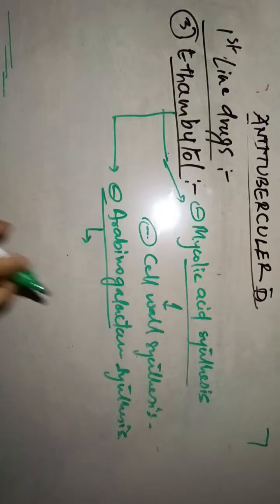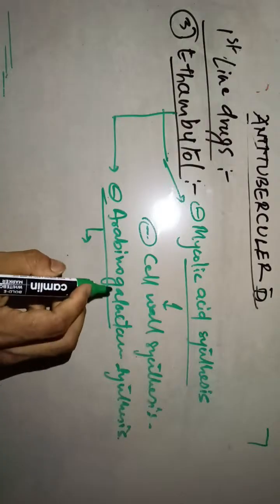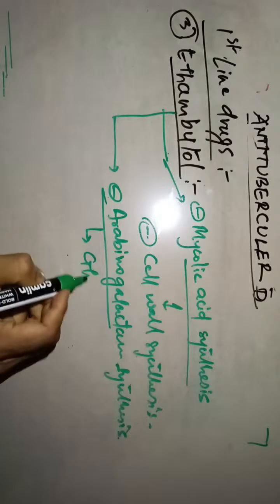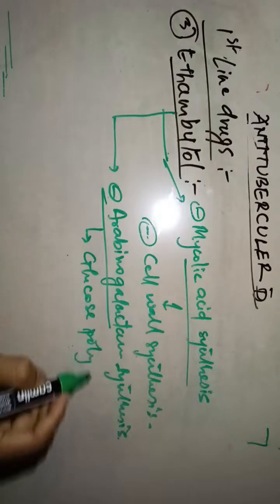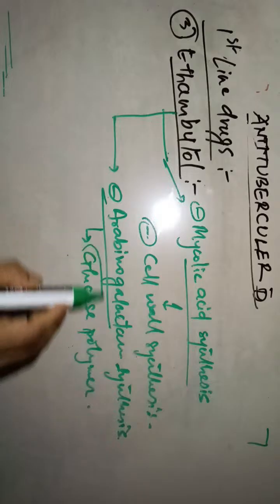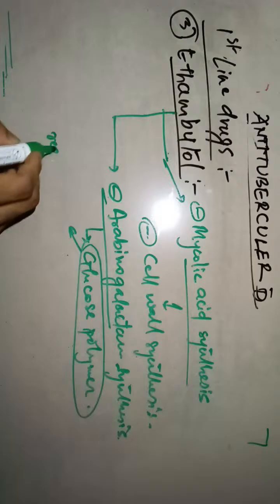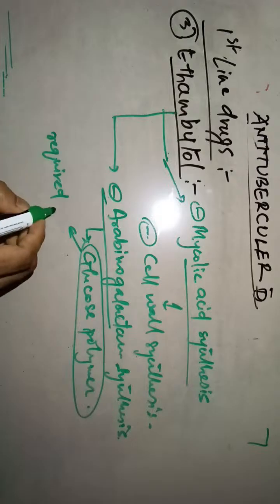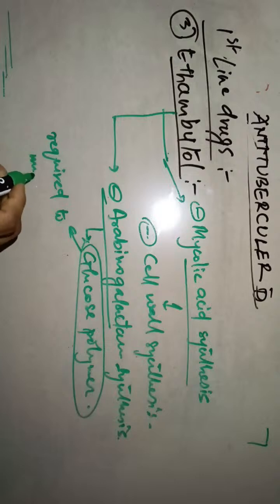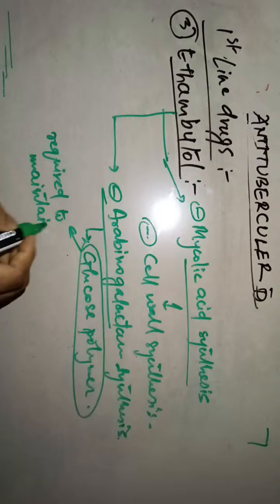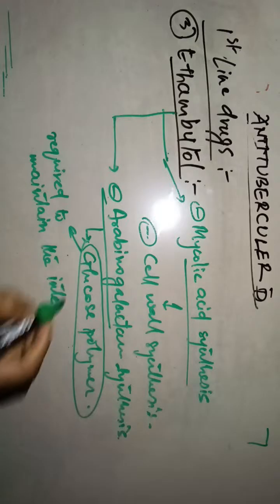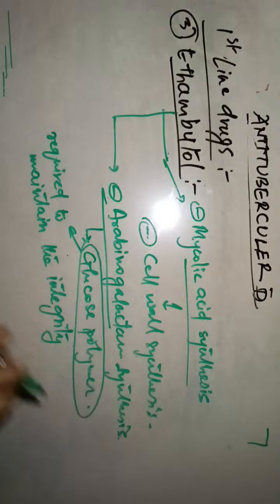Arabinogalactan is a glucose polymer, which is required to maintain the integrity of the bacterial cell.